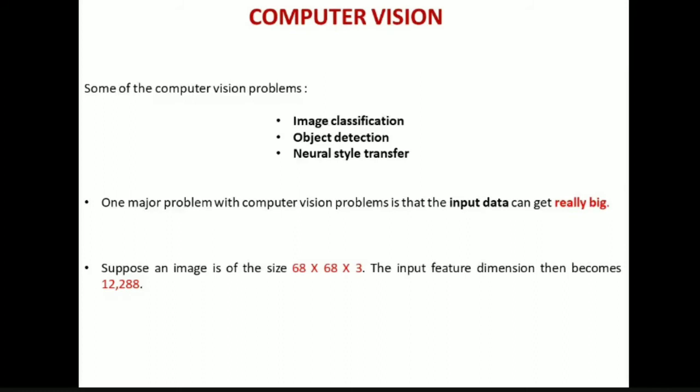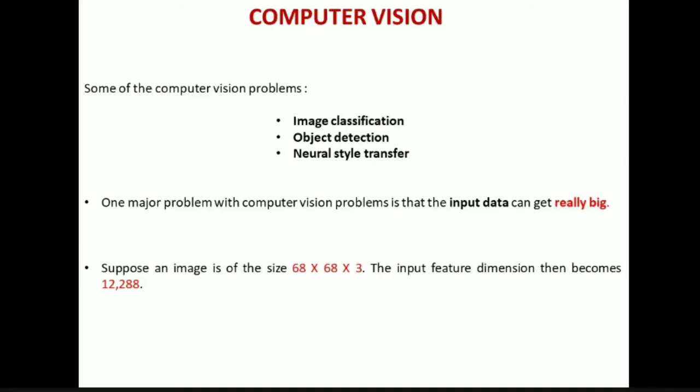Okay. So one major problem with computer vision is that the input data is really big. When the input data is really big, the computational cost and memory cost for this input data is also more. Let us say we take an image of size 68 into 68 into 3. The total number of features the neural network has to deal with becomes 12,288.